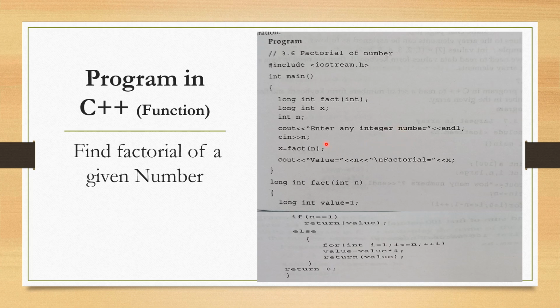We have stored that number, taken the factorial in x and displayed the value. N factorial is this. The function factorial n is defined here. So we have already used functions.